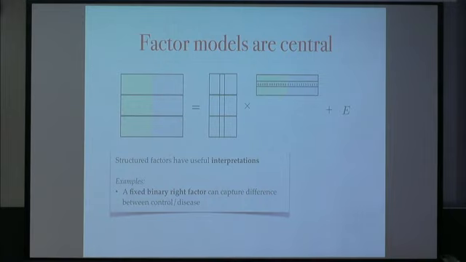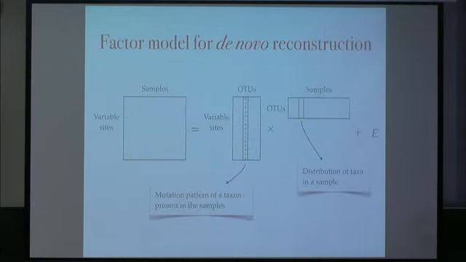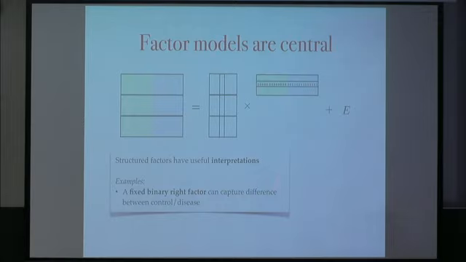If you have a factor on the right which is binary, so that everyone in the treatment group has a 0 and everyone in the control group has a 1, that is just a fixed effect. This vector would capture the difference in all the variables between control and disease, for example. So, structured factors can give you more interpretable models.